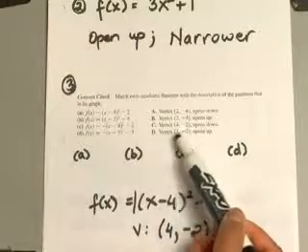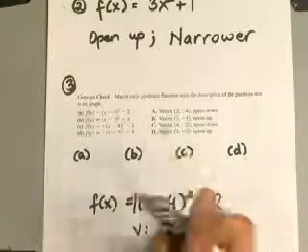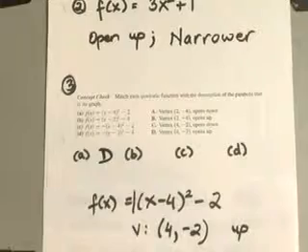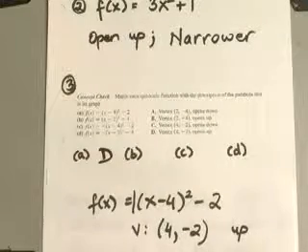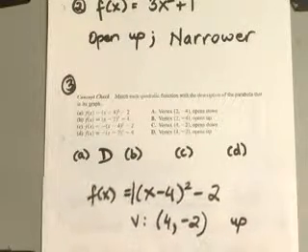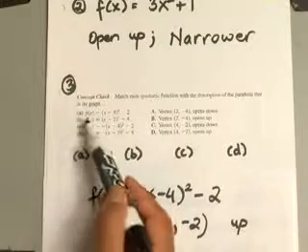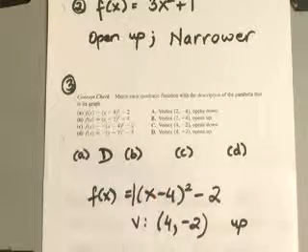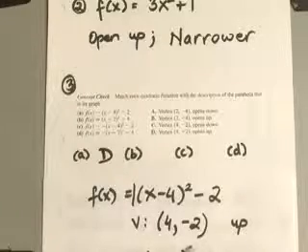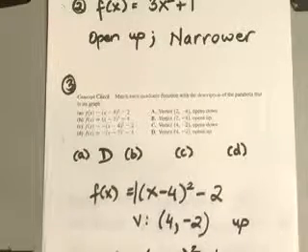You can see the vertex is 4, negative 2, and it opens up. Okay, we're only trying to match each one of these quantities together. If you look at part B, it says f of x equals x minus 2 squared minus 4.